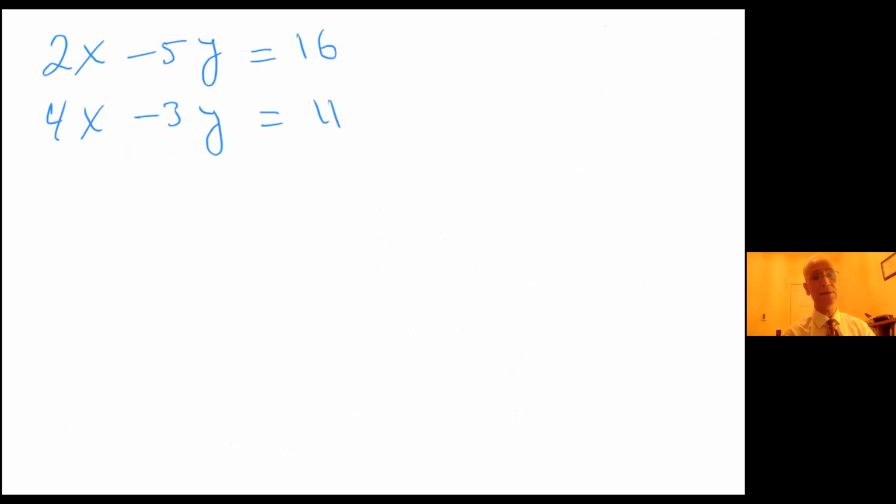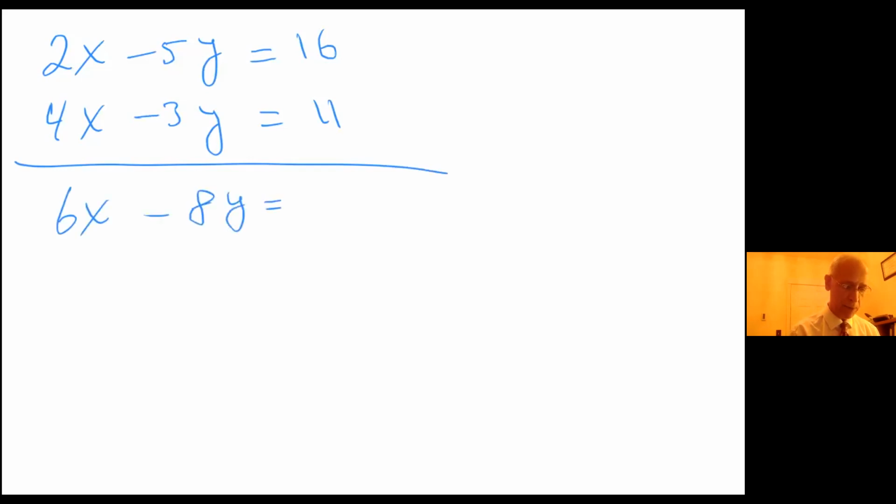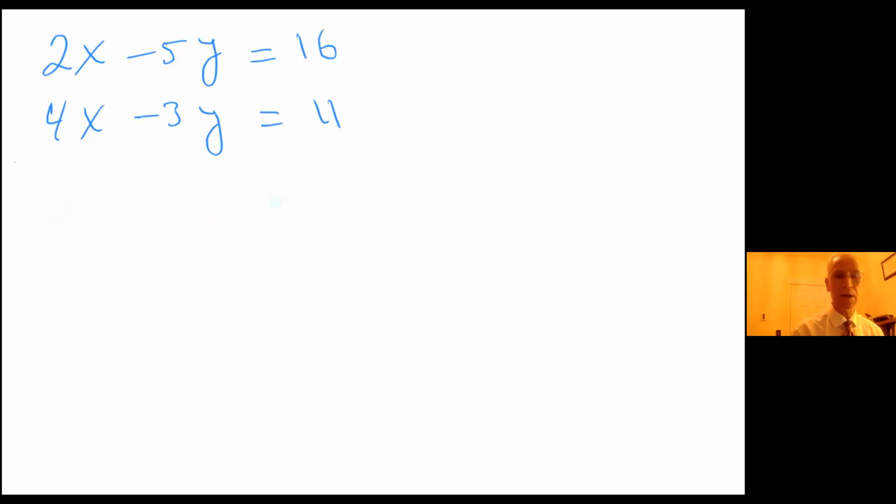Notice that if I combine these two equations the way they are in front of me, nothing is going to go away. This becomes 6x, this becomes -8y, and this becomes 27. So it's not helping me. So instead of combining them together, I'm going to first multiply the first equation by -2.